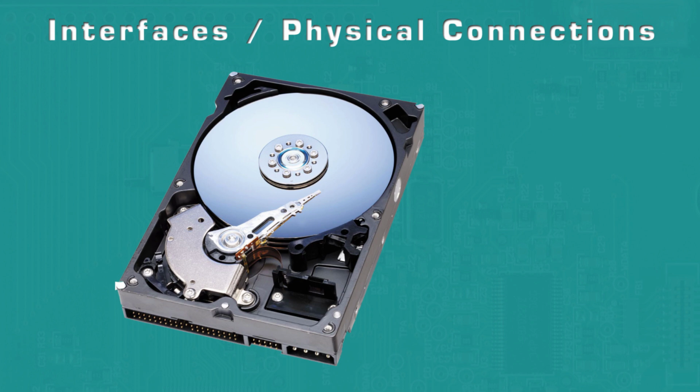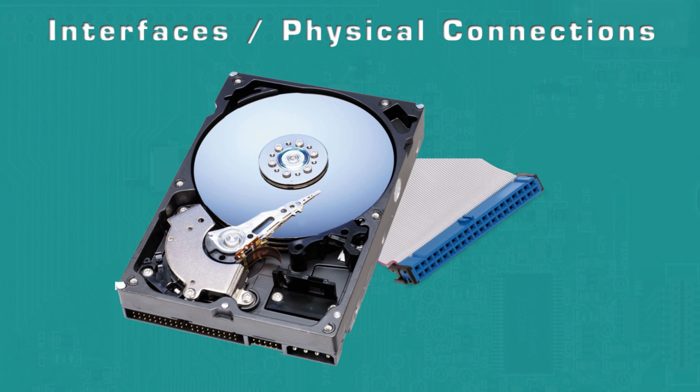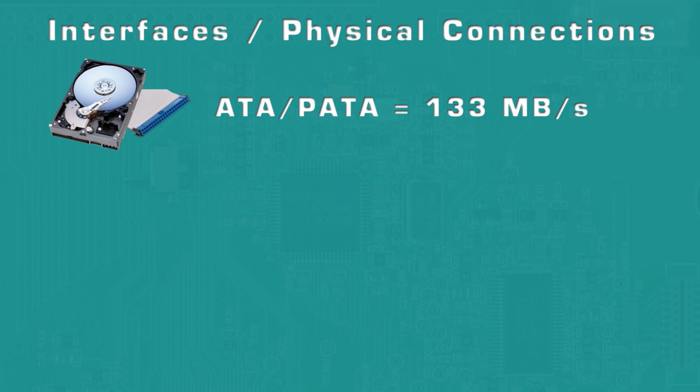This is now also known as PATA, or Parallel ATA, and has a 40-pin connector and cable. An 80-pin cable was also used, but the connector was still 40-pin. ATA was renamed to PATA to avoid confusion with SATA. ATA drives integrate the controller directly on the drive itself and can transfer up to 133 megabytes per second.